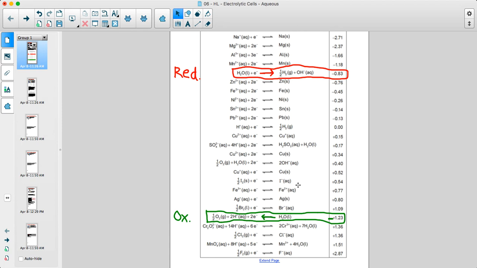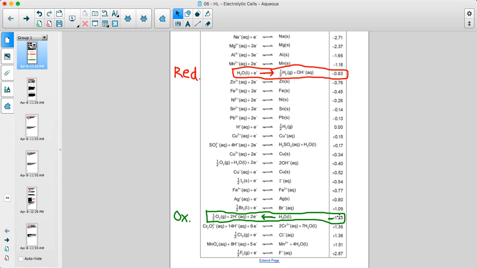Further down the table, and a bit more confusing, as we'll see with the oxidations, because everything is written as reduction half equations. In order to consider oxidation half equations, you have to look at these half equations flipped. So the oxidation half equation of water, the half equation that shows water being oxidized, is here's water on the right, and when we go to the left, we show the water giving away electrons, and that produces H plus ions and also oxygen gas.